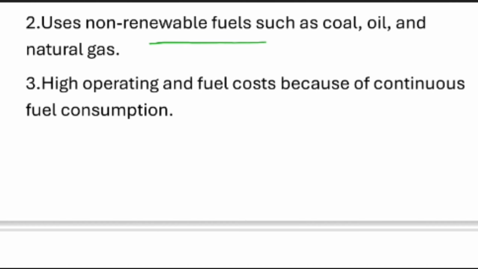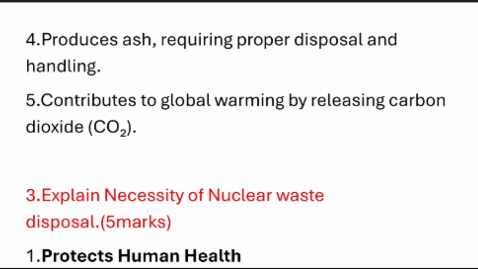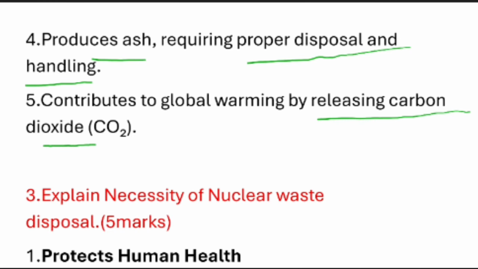We cannot reuse the coal, oil and natural gas, and it requires high operating fuel cost because of continuous consumption of fuel. While using coal in the thermal process, it produces more ash, which has to be disposed of somewhere, and that is also a disadvantage. It also releases carbon dioxide, which increases the global warming of the earth.